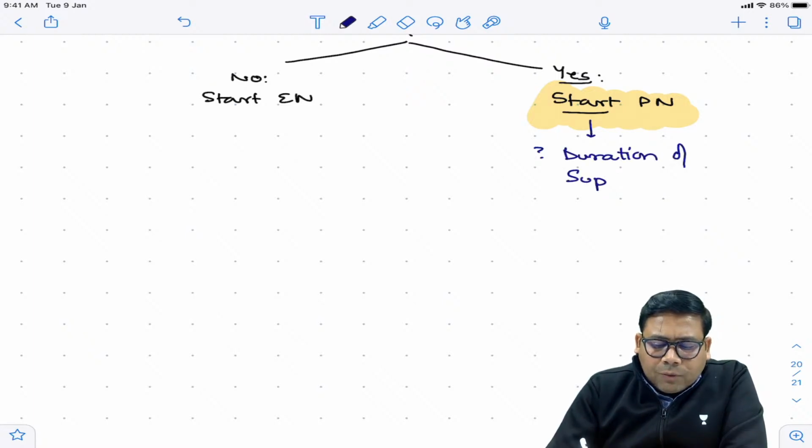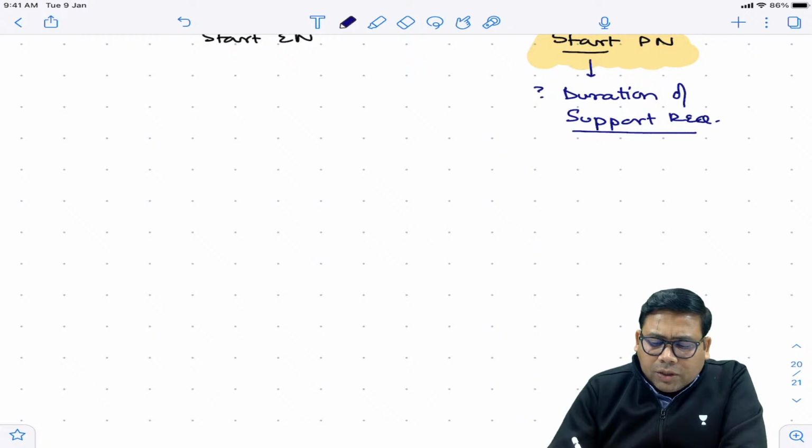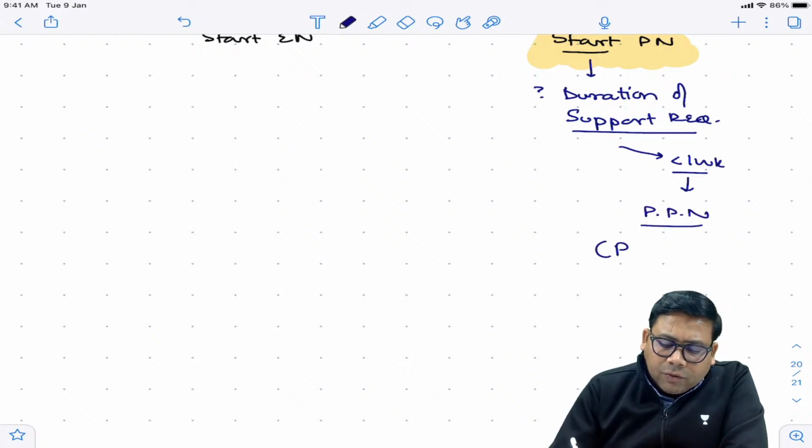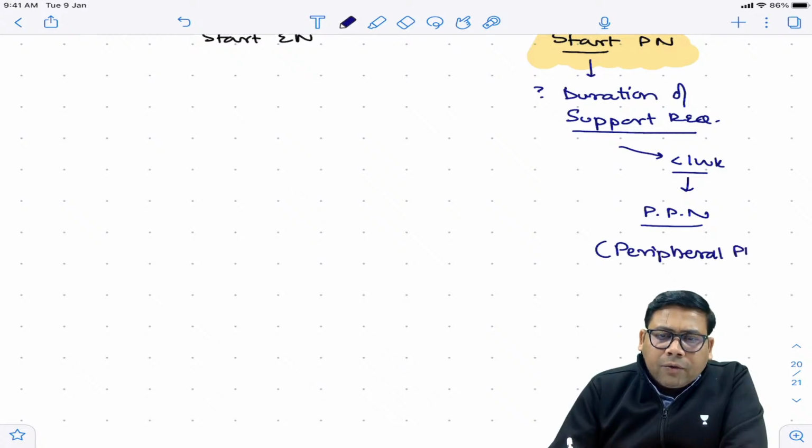Duration of support required. So if you require the parenteral nutrition to be given in 1 or 2 sessions only, so if it is less than 1 week, then you can go for what? PPN. What is PPN? That is partial parenteral nutrition. No, peripheral parenteral nutrition.